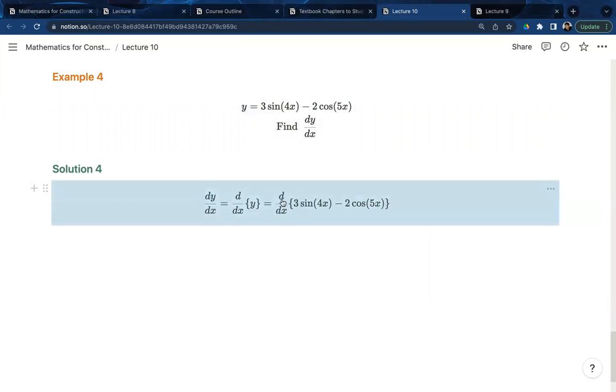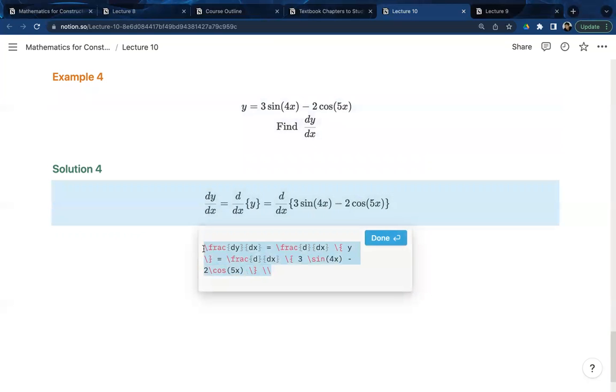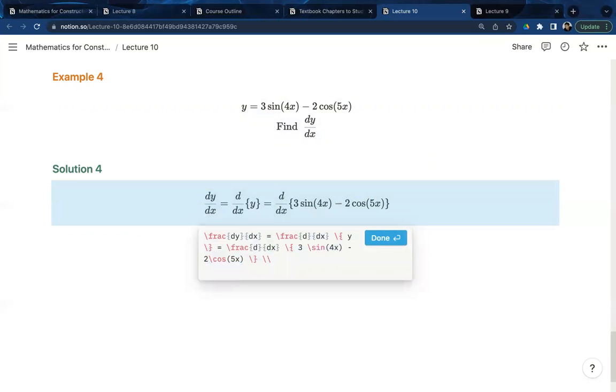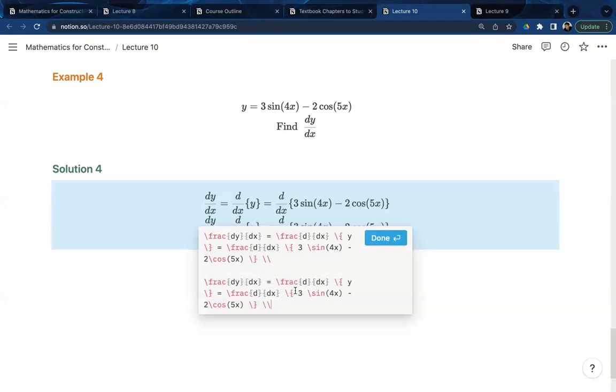Because the first differential operator is a linear operator, we could differentiate each of these terms separately and then combine them, okay? So what I want to do, apply the differential operator to each term.